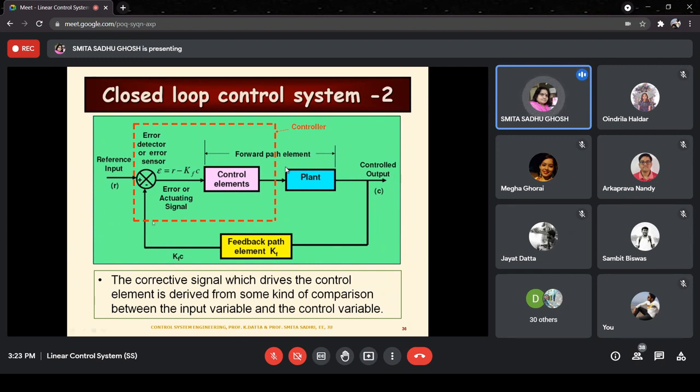When the output becomes equal to the input, in the specific case of KF equal to 1, or if it's not equal to 1, then your output into KF becomes equal to R. In such a case, the corrective signal will be equal to 0, and no further corrective action will be required.